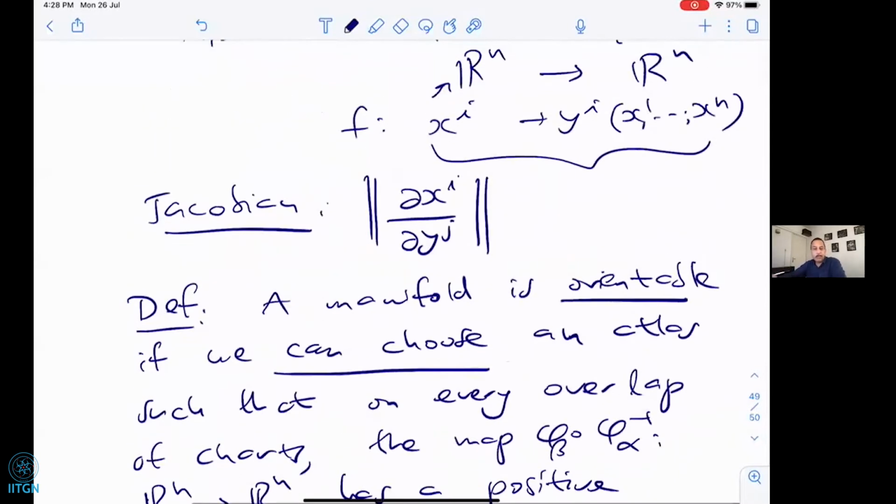So this del xi by del yj should be possible to choose on every overlap so that it's positive. If we can, then the manifold is orientable.